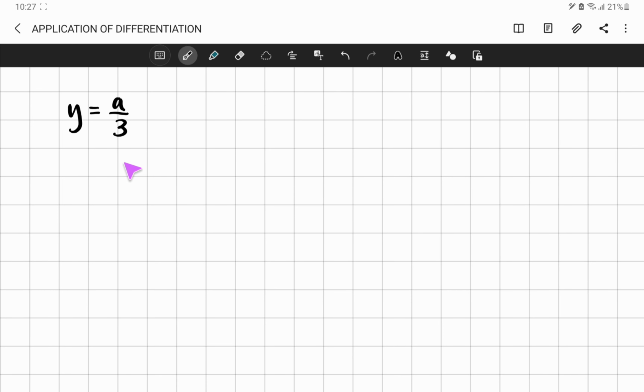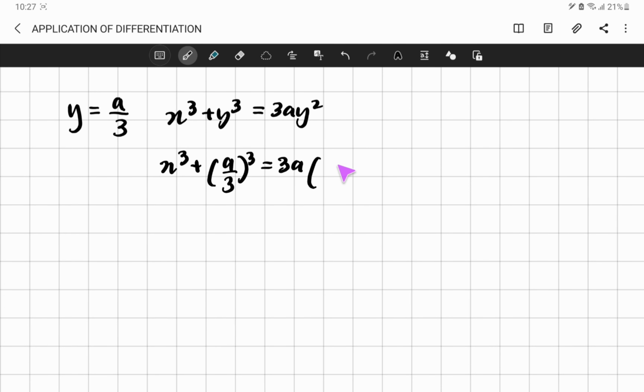Let us substitute y equals 1 over 3a, or a over 3, into x cubed plus y cubed equals 3ay squared. x cubed plus (a over 3) cubed equals 3a times (a over 3) squared. x cubed plus a cubed over 27 equals, 3a times (a over 3) squared is a cubed over 3, and let us multiply by 9 over 9.